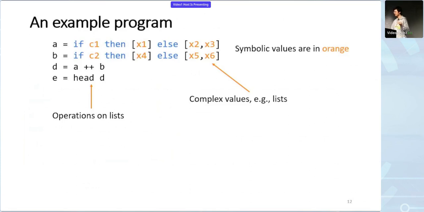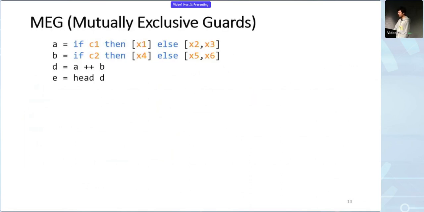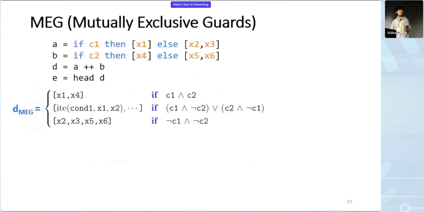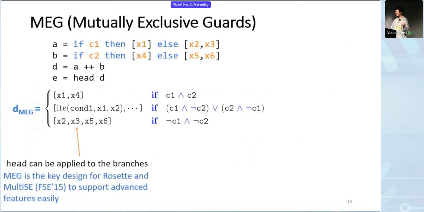They arrive at a similar solution, and we call it the mutually exclusive guards, or MEG, representation. In the MEG representation, the lists with the same length are merged, and the lists with different sizes are kept separated and associated with their path conditions. We can then apply the head function to the concrete lists, and this eliminates the list values and avoids delegating them to the solver.